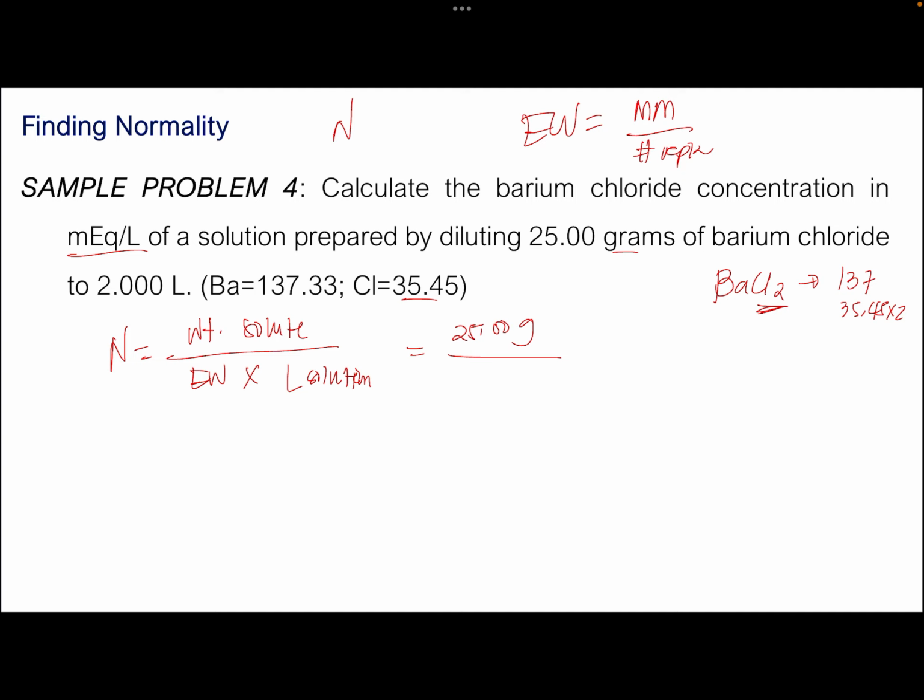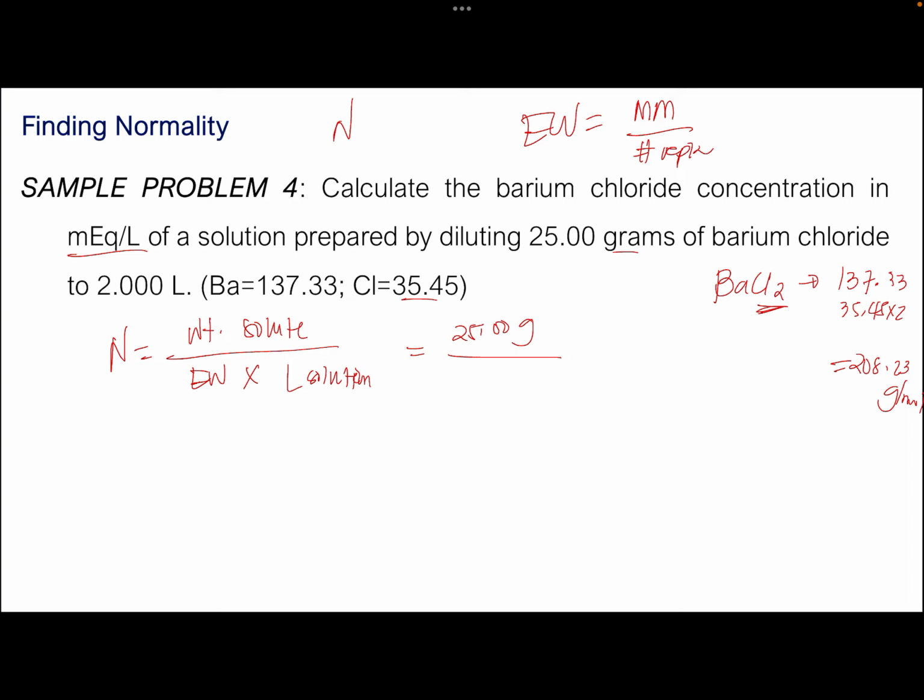So using your calculator, calculate the molar mass. 137.33 plus 35.45 times 2. Times 2 is equals how much? 208.23 gram per mole.